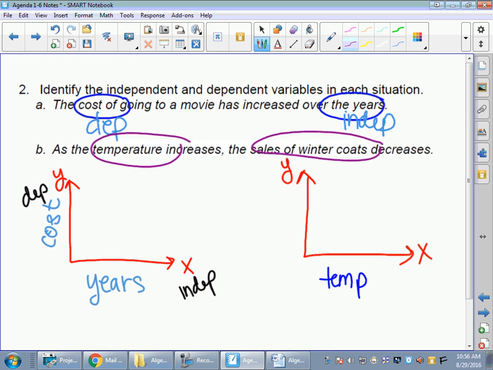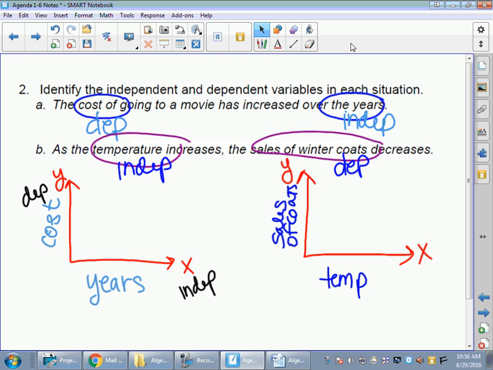Temperature, right? And then the sales of coats. So the sales of coats depends on the temperature. So the sales is the dependent, the temperature is the independent. Usually it's things like time and temperature that go across the x-axis, just a little hint.